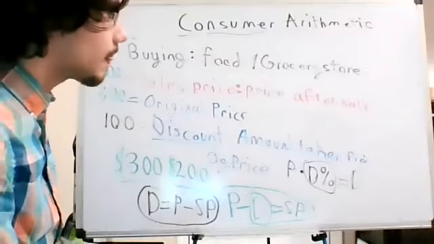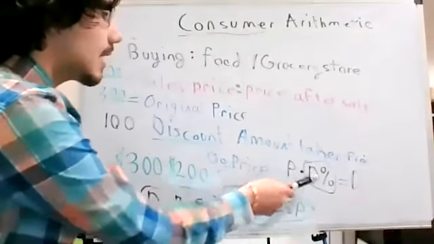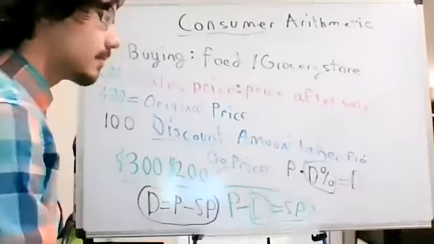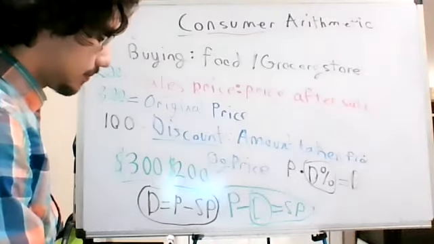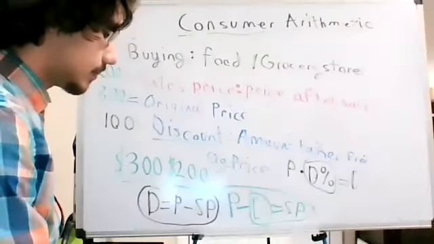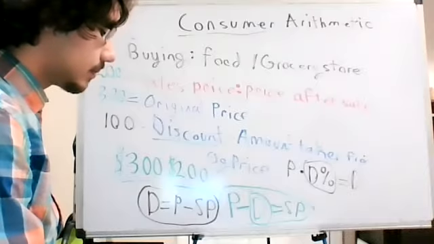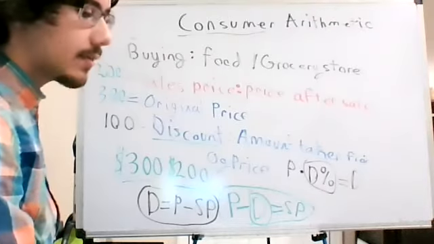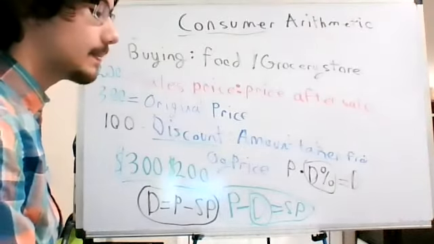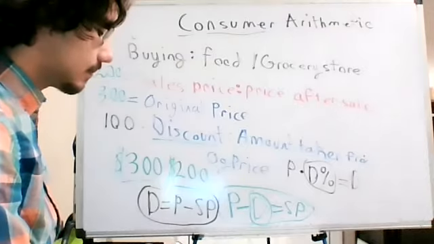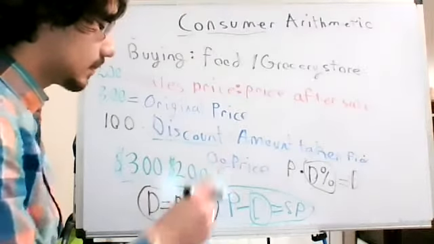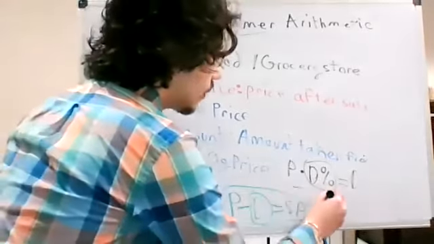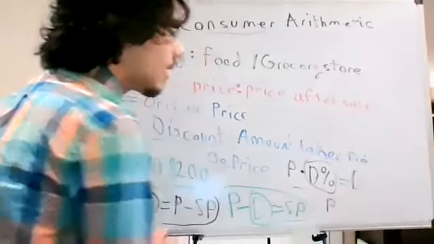Okay, so if this is being multiplied to this, how do we get rid of it? We said we have to do the opposite to it, right? Yes, sir. So we could divide it with the price. Very good. We divide it by price on this side.